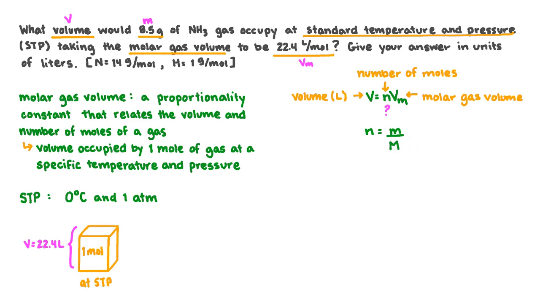This can be accomplished by using the equation N equals lowercase m divided by capital M, where N is the number of moles, lowercase m is the mass in grams, and capital M is the molar mass in grams per mole. The mass was provided in the question, but we will need to determine the molar mass of ammonia, NH3.